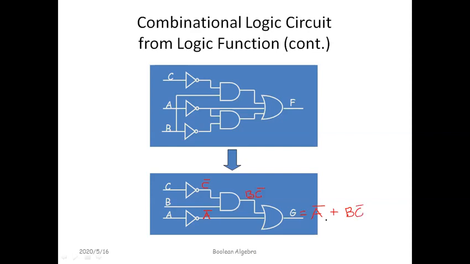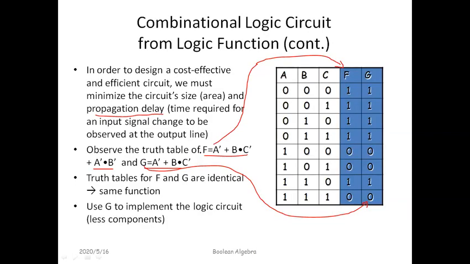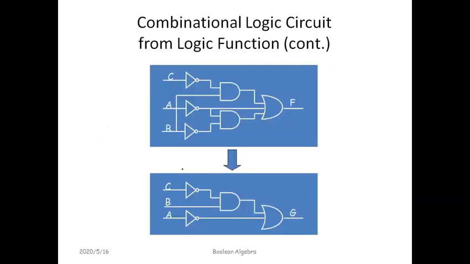Okay, so this is actually the same as the expression we just saw. G is equal to A bar plus B C bar. Okay, this is exactly the same. Okay, I hope this is clear.